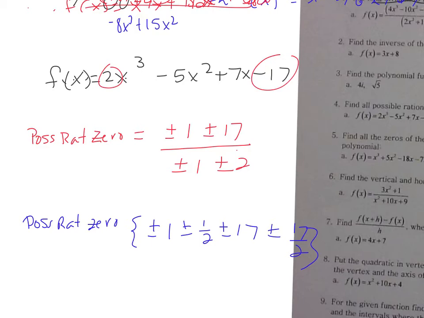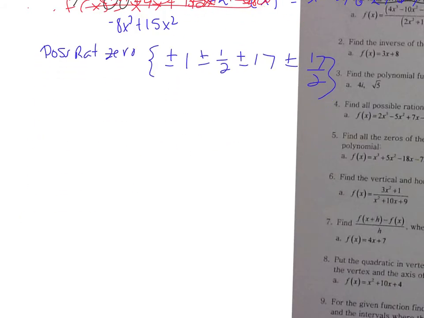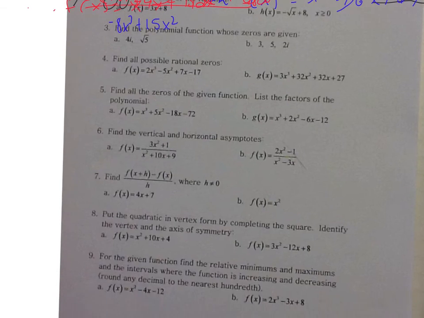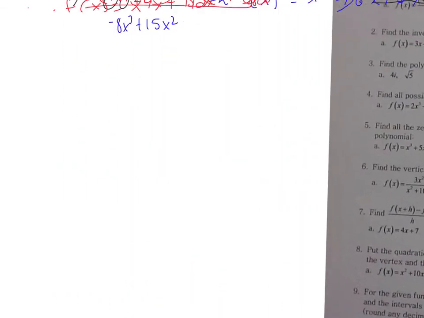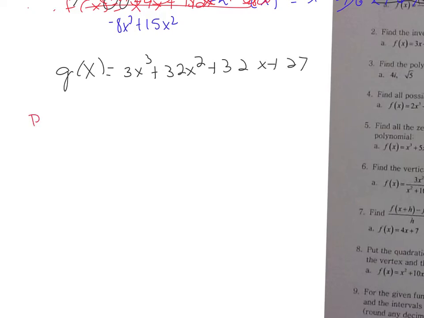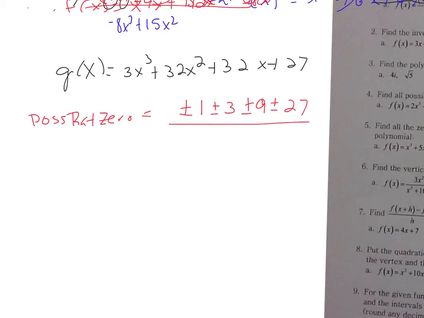Okay, so let's take a look at 4b. Okay, so that's g of x is equal to 3x to the third plus 32x squared plus 32x plus 27. All right, so the possible rational zeros are positive negative 1, positive negative 3, positive negative 9, and positive negative 27 over positive negative 1, positive negative 3.